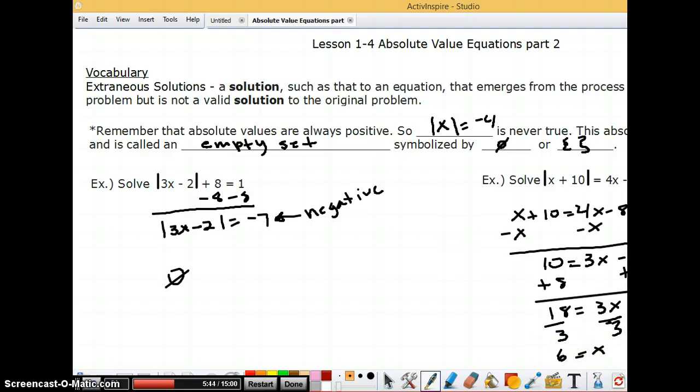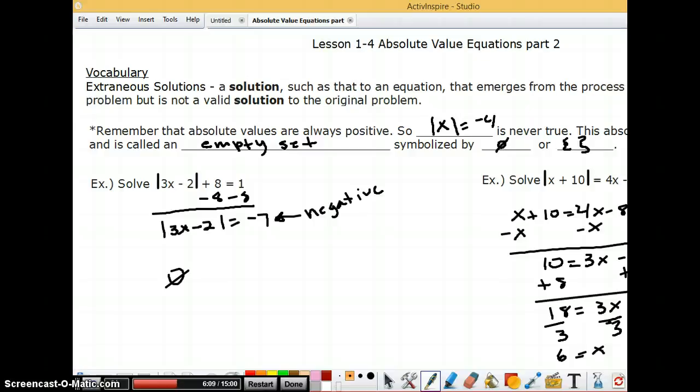Alright, over here, we're going to distribute. So we have x plus 10 equals negative 4x plus 8. The negative and the negative make a plus. So we're going to add 4x to both sides. That's going to give us 5x plus 10 equals 8.